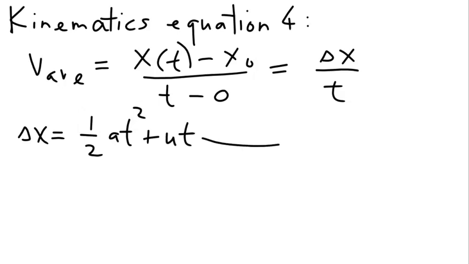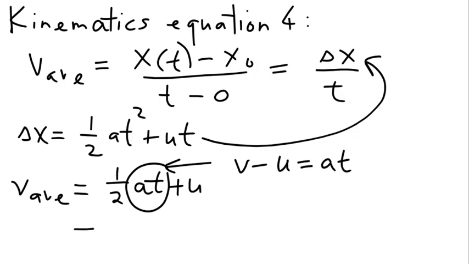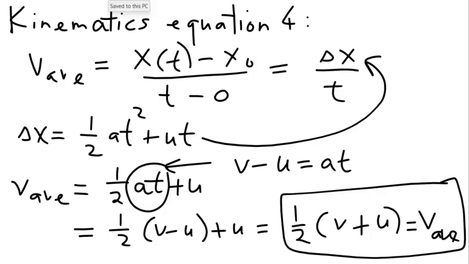So if you substitute this in here, we get the average velocity to be quite simply half at plus u, because the t from the denominator will cancel the t's from the top. But we also know that at is quite simply v minus u. This is from the first equation of kinematics. So the substitution of that will give you half of v minus u plus u, which is half the final velocity plus the initial velocity, equals v average. So that is the fourth equation of kinematics.